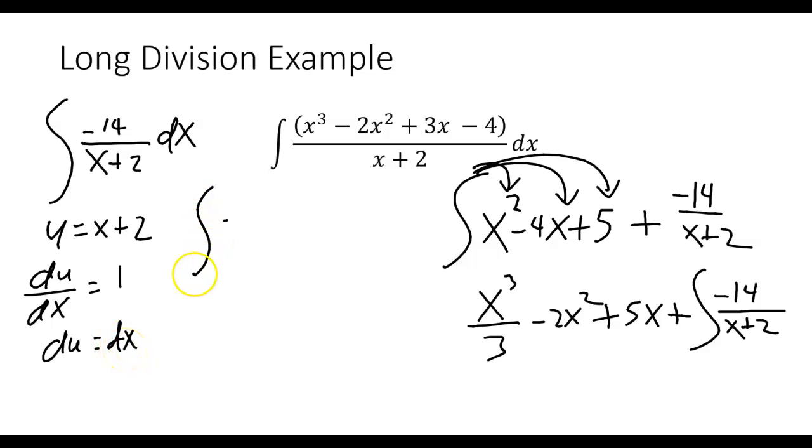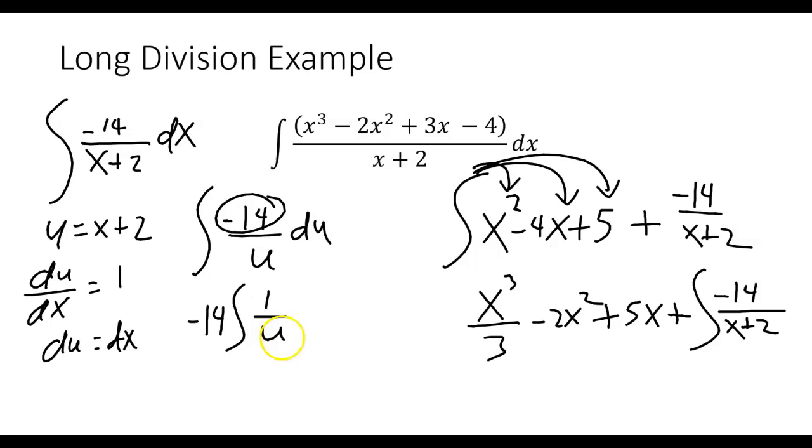Then doing our U substitution, I've got negative 14 over u du. Next, I could take this negative 14 and move it outside. Anytime you have a constant multiple, you can just move it out to the front there. And this integral is a special integral. And that special integral is an ln problem.